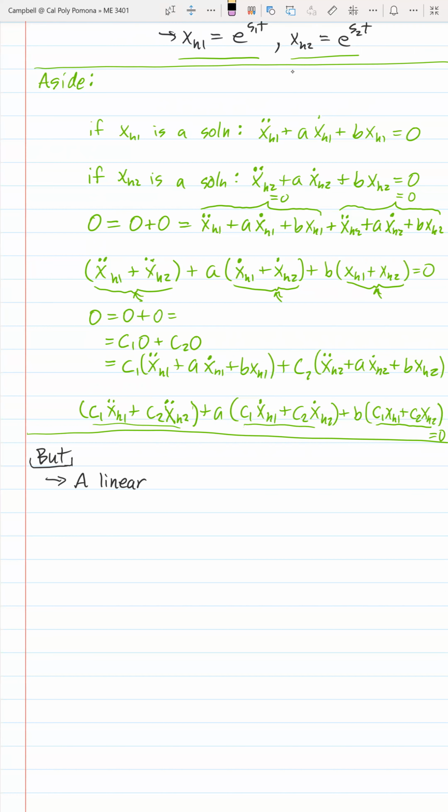So it turns out that a linear combination, as I've just shown you, of these homogeneous solutions is also a solution, because of course I can form that linear combination, take the appropriate derivatives, substitute it into the differential equation, and sure enough, the differential equation is satisfied.